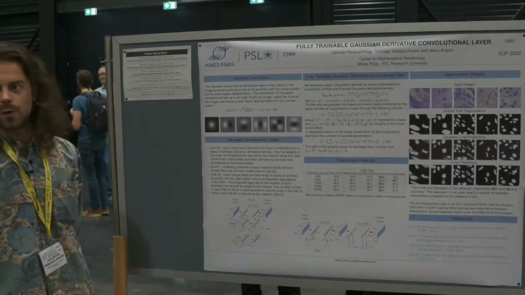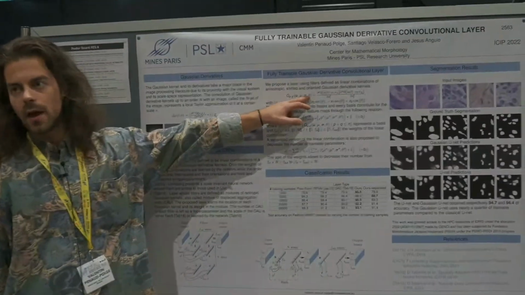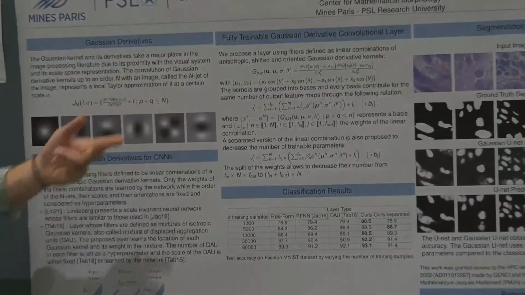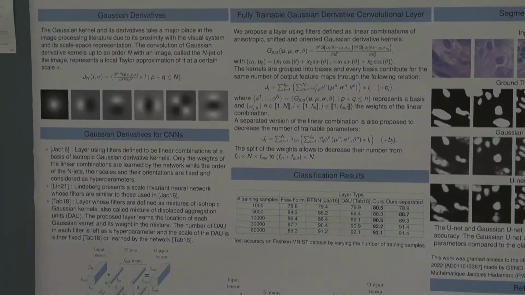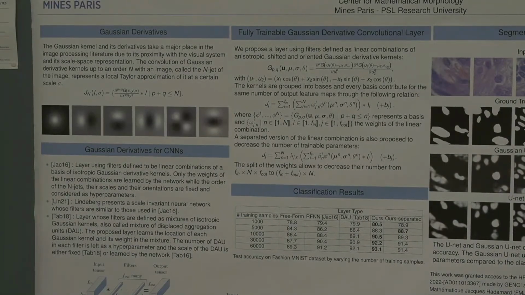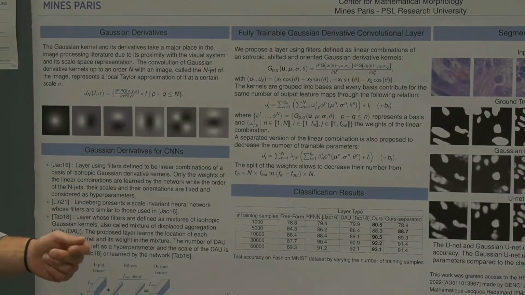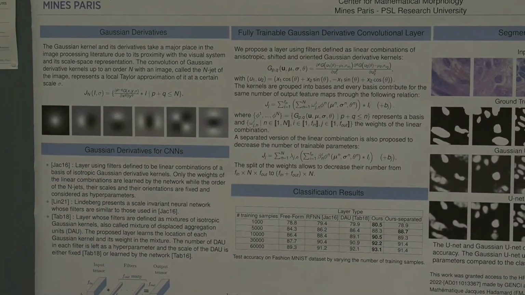The transformation is the following: a scaling, a rotation, and a shift. But the parameters of this transformation are directly included in the expression of the Gaussian derivatives. And everything is included in a differentiable manner, so the network can learn the transformation parameters during the training process.